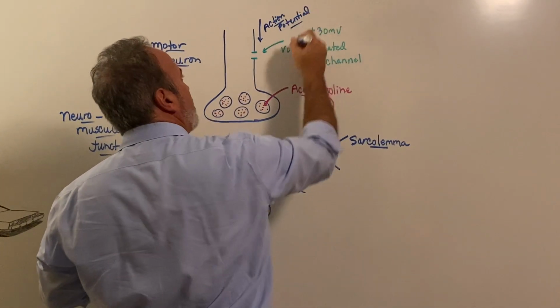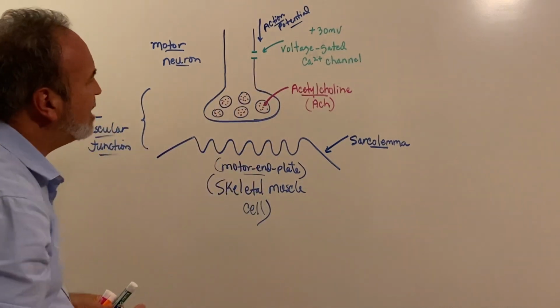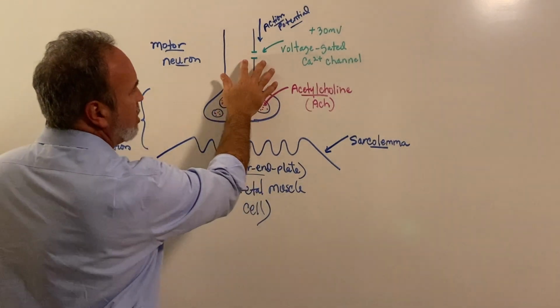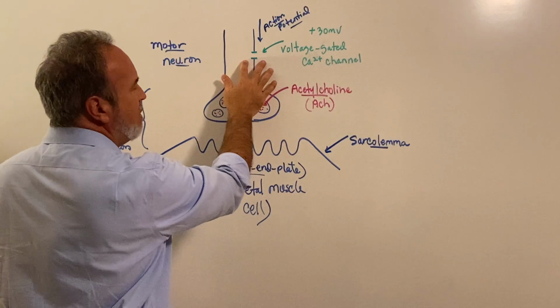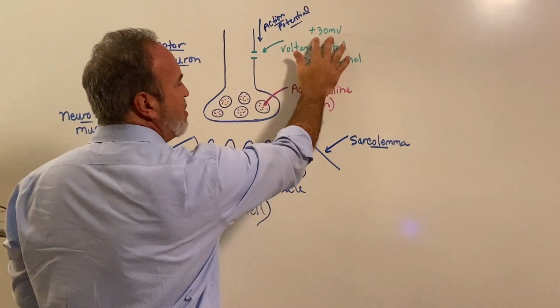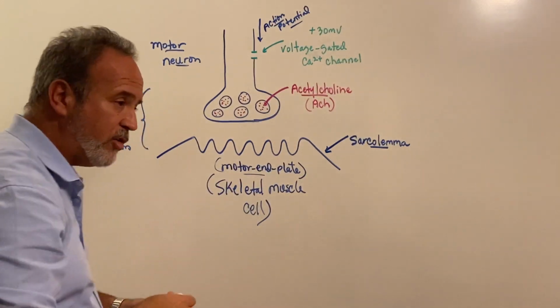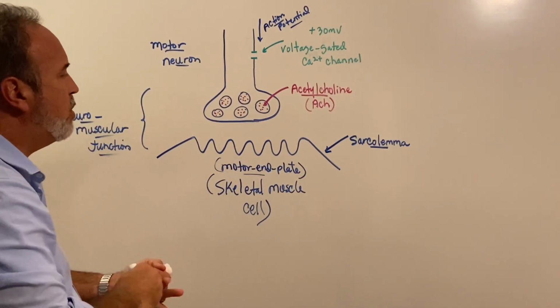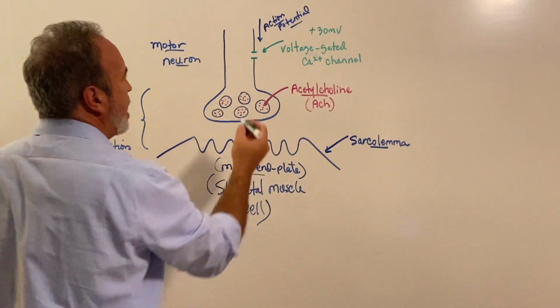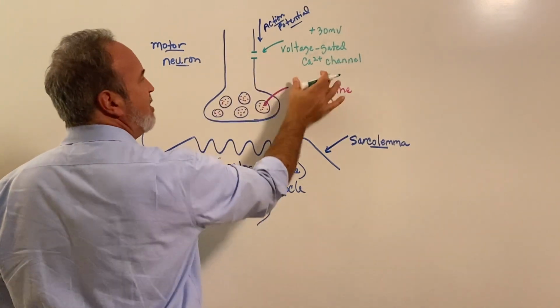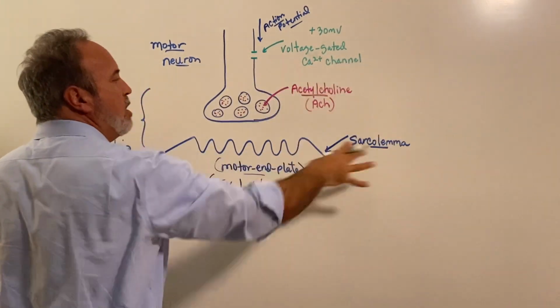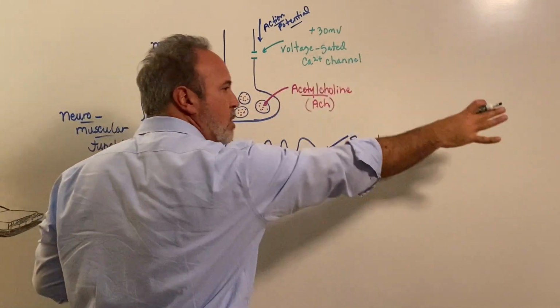So an action potential is traveling along that axon, and when it comes to this area, the voltage is going to be positive 30 millivolts, and these channels are going to open for calcium, and calcium will rush into the neuron. This is extracellular calcium. Out here is the extracellular compartment.